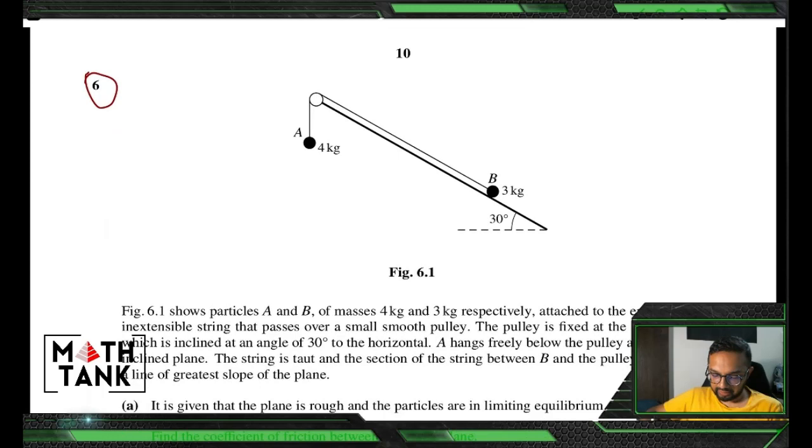Okay, test figure 6.1 shows particles A and B of masses 4 kgs and 3 kgs respectively attached to the ends of a light inextensible string passing over a small smooth pulley.